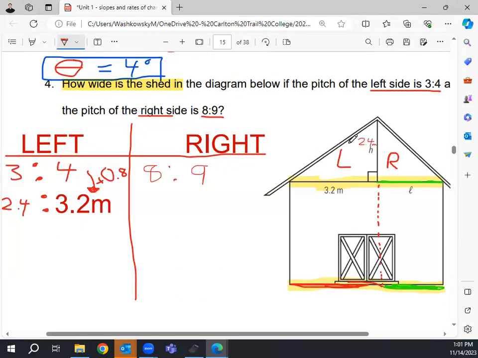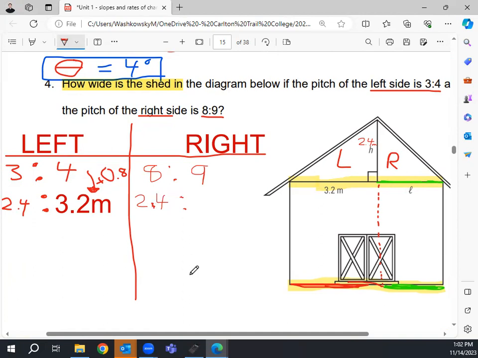So I know the pitch of this right side, and I know that this right side here, how tall is it? 2.4. I know the rise of it. And so I can now use that to figure out the run of it.